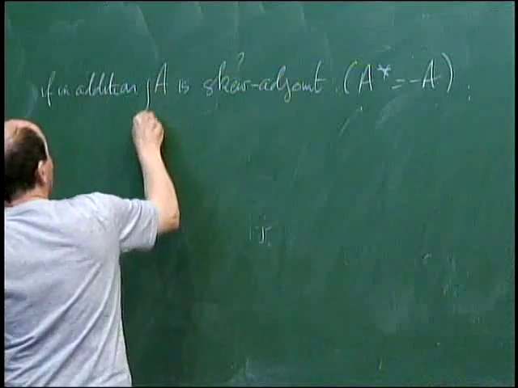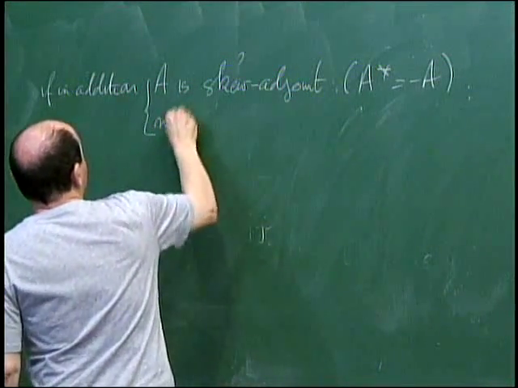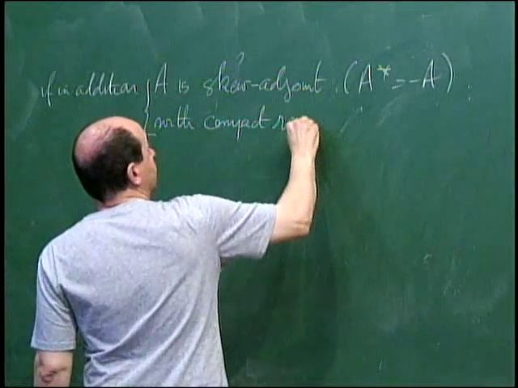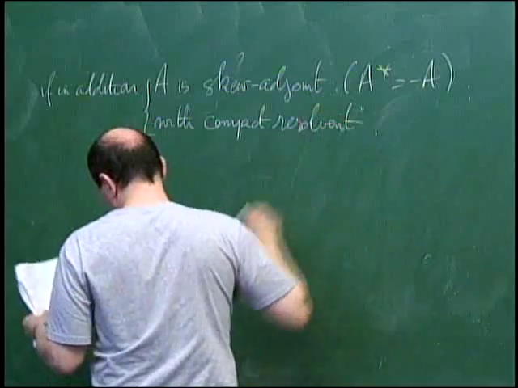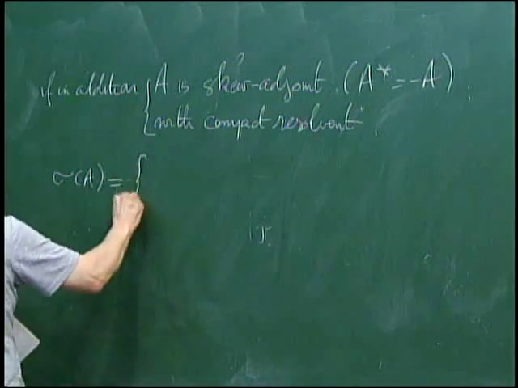We will also assume that we have a compact resolvent, and so the spectrum can be written this way.